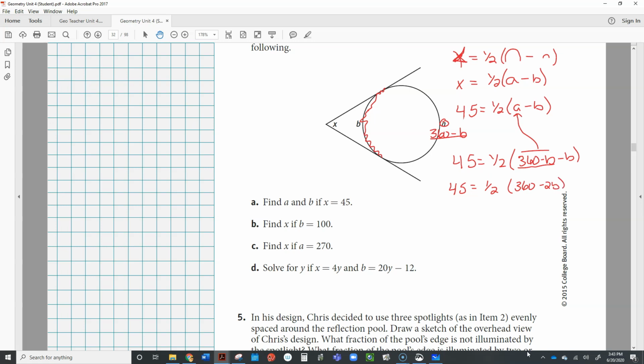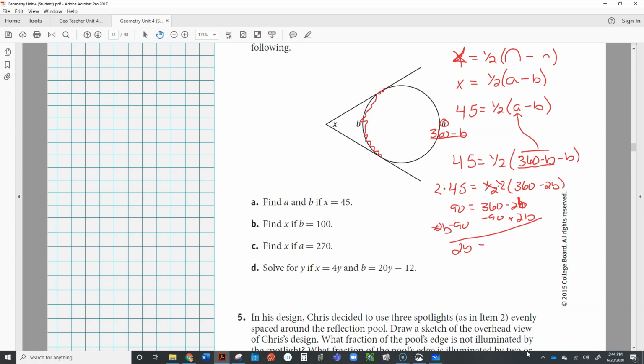So 45 is equal to 1/2 of 360 minus 2B. Get rid of that 1/2. 90 is equal to 360 minus 2B. I'm going to add 2B to both sides, and I'm going to subtract 90.